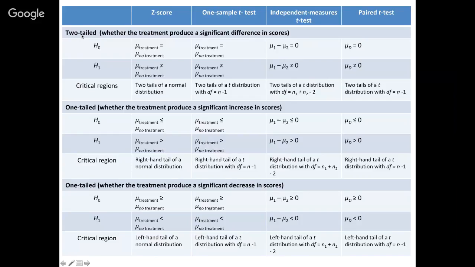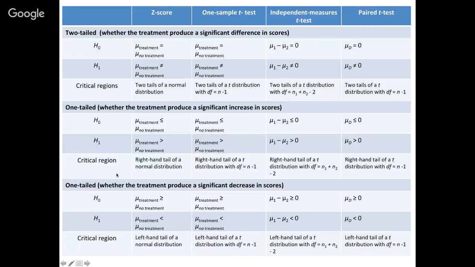If I ask you whether the treatment produces a significant difference in scores, then you use a two-tailed test, right? If I ask you whether the treatment produces a significant increase or a significant decrease in scores, then you need to do a one-tailed test. You just follow this way to state the null hypothesis for each category of test.